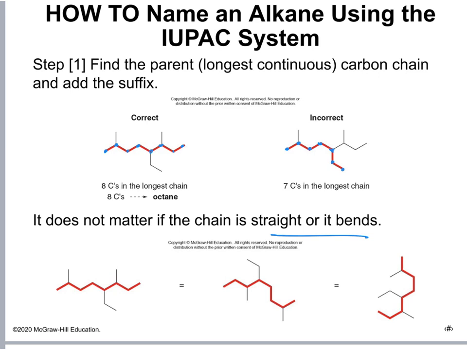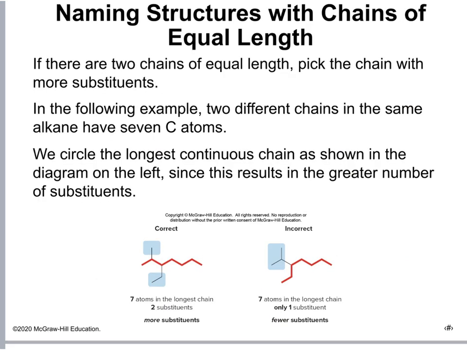Now, when it does matter is when you have different substituent groups. And you want to give the lowest number of substituents. So here, this has more substituents, and you got 1, 2, 3, 4, 5, 6, 7. So 7 is heptane.